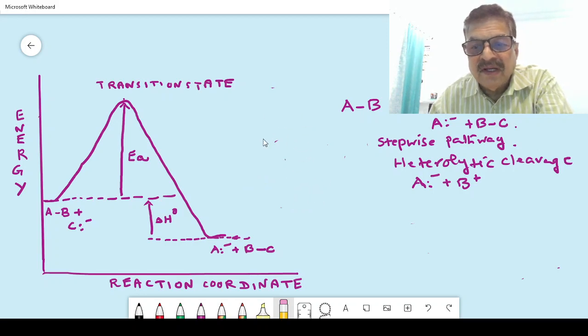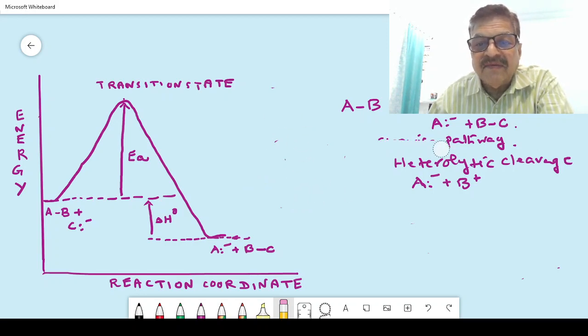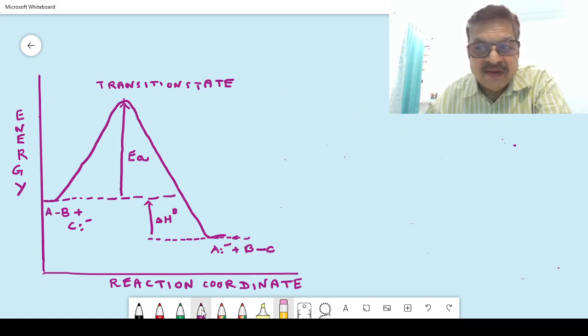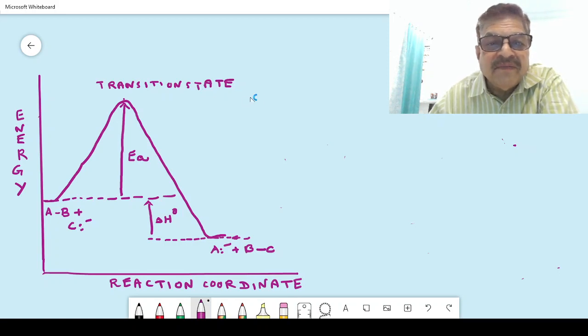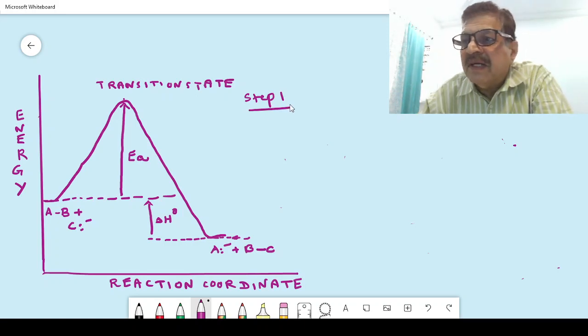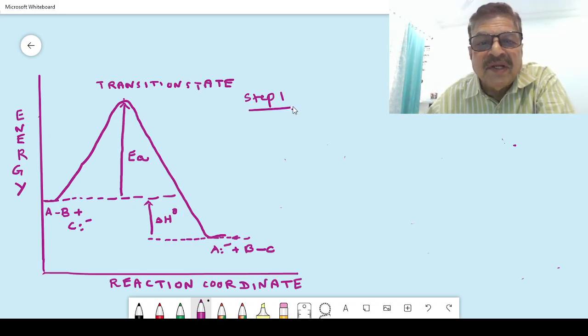So what will be the heterolytic cleavage? Let us see how it will be taking place here. Okay, for the two-step mechanism here we are presuming an exothermic reaction. Therefore, step 1, we have seen, is a heterolytic cleavage of the AB bond here.